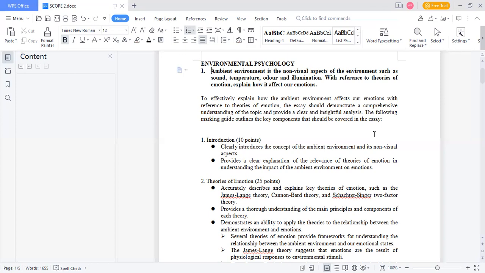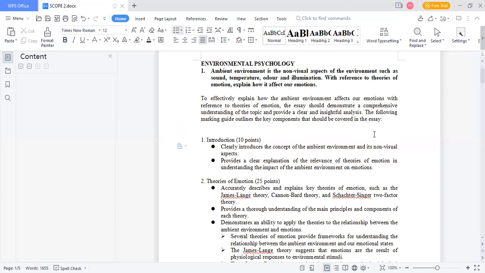You have to understand the topic and also provide a clear, insightful analysis about the ambient environment. Which means you have to understand it to give an example from your own understanding. So the following guide that I put down there will help us look at some of the areas that can assist in gaining certain points.